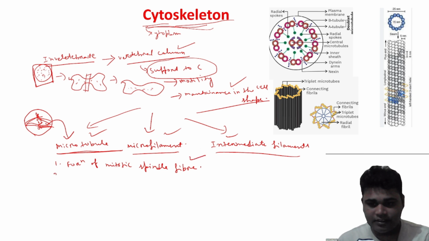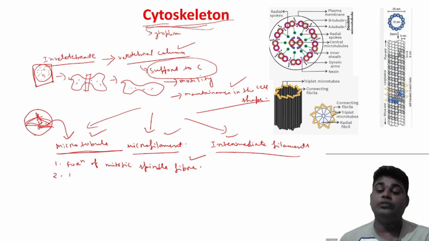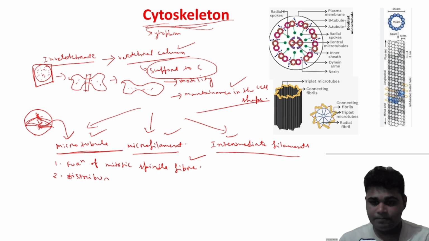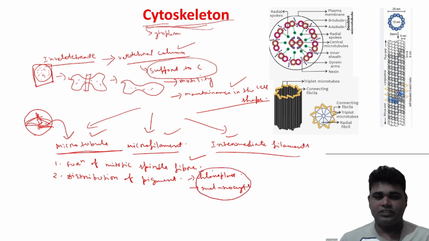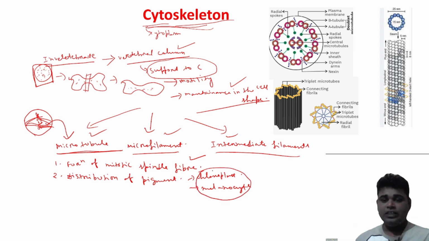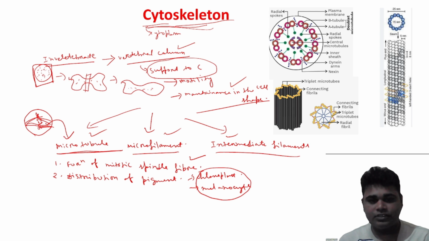The second function is that it also helps in the distribution of pigment. For example, in the plant, suppose the chloroplast, or in the animal, suppose the melanocyte. They are all pigment structures present in different organisms, and these pigments are distributed by the microtubule.